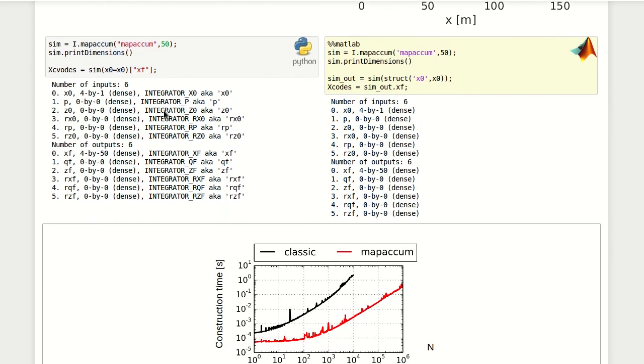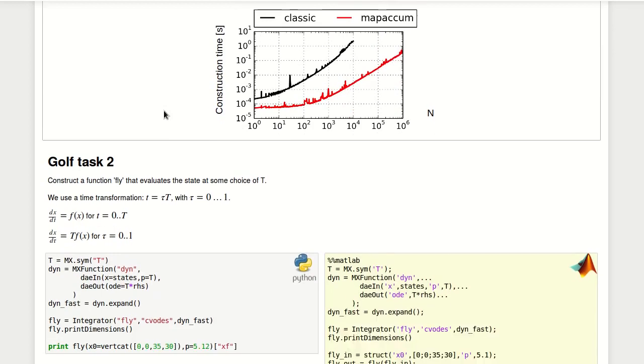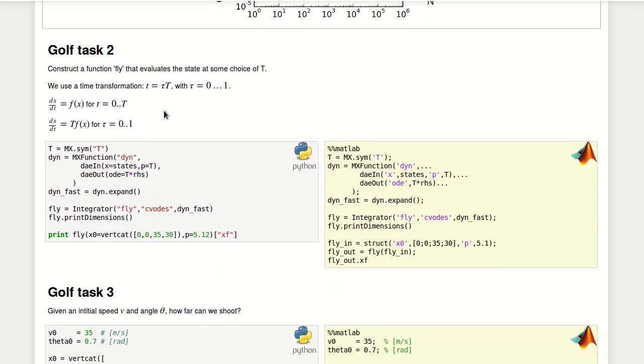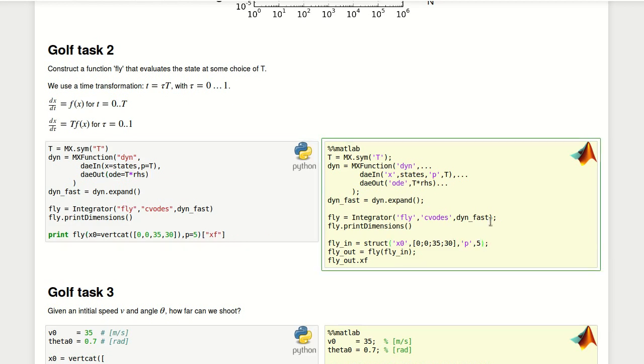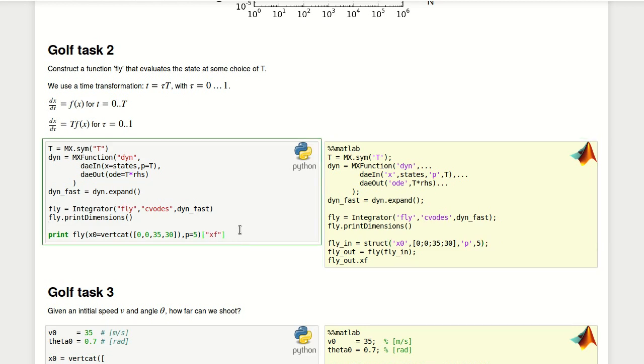Okay, that brings us to task 2. Because in task 1 we had fixed the end time of integration to 5 seconds, but we want to do this eventually for a free end time. So we have to do a time transformation.